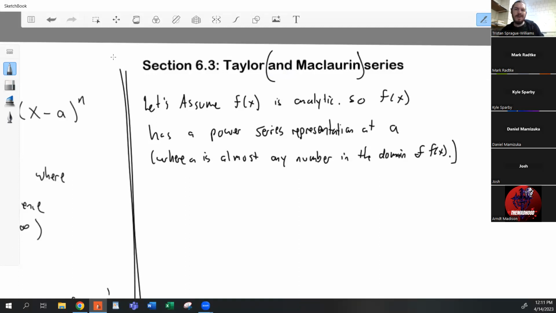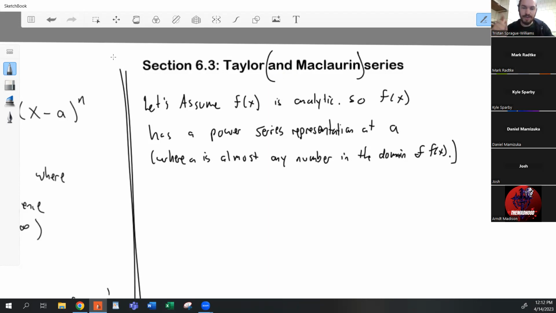It's like, well, why would we approach it that way? That's not going to help us answer the question of which functions we can represent with power series, because you're starting from the wrong side. You're starting by assuming you know the answer already.